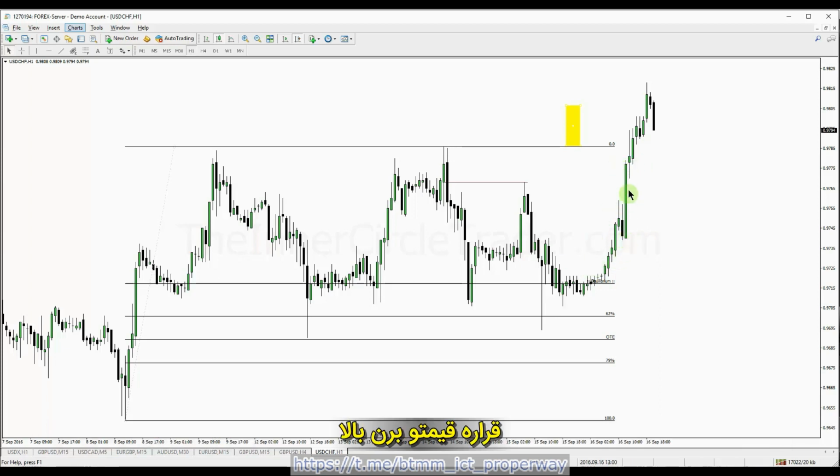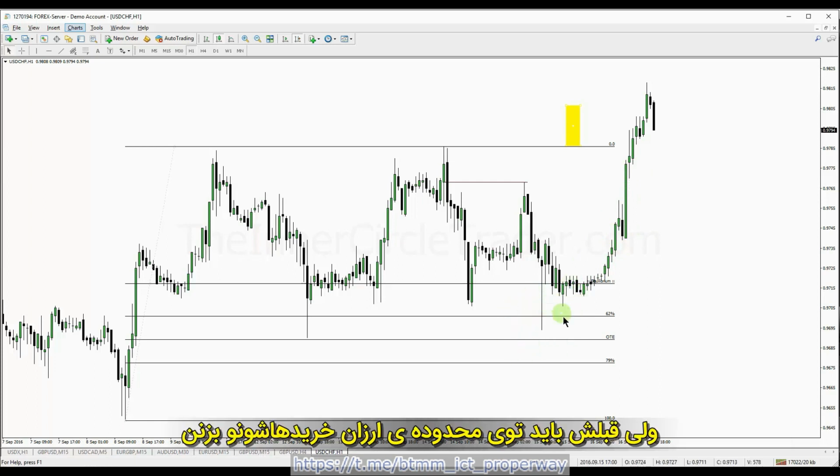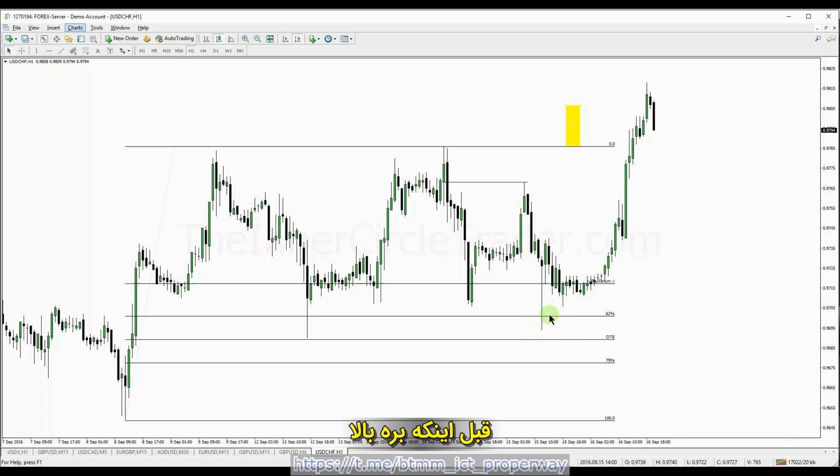They're going to offer the price higher when it's time to do so, but they're going to have to capitalize on discounted markets before it goes higher. It won't just go straight up for no reason. It doesn't operate like that. The market has to come back down to a discount and below equilibrium. Then you get explosive moves. Then it may come back to equilibrium to consolidate and wait for an expansion.